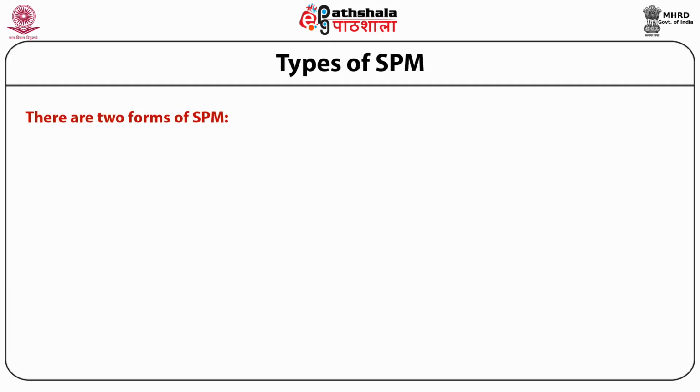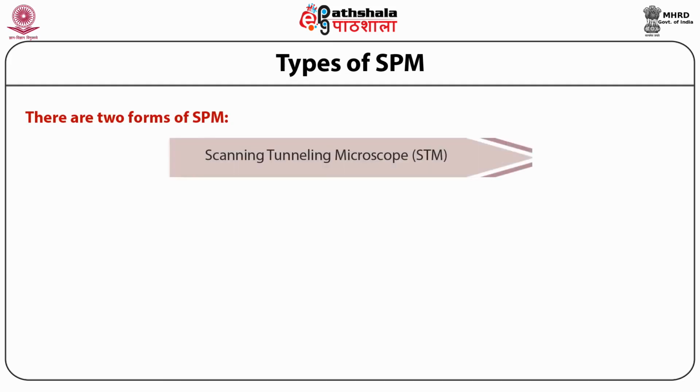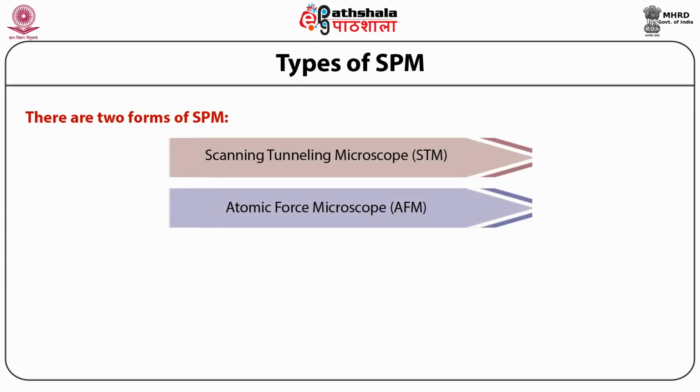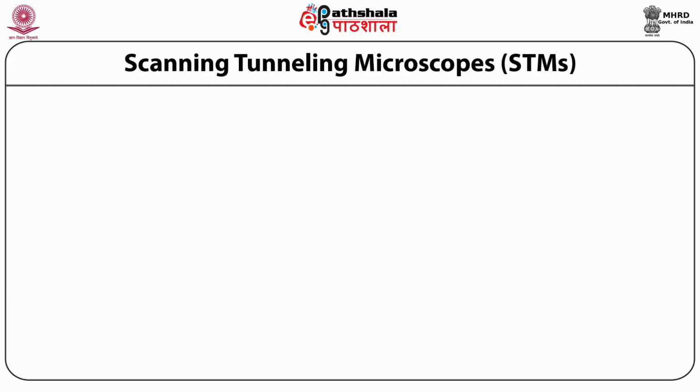There are two forms of SPM. The first one is the scanning tunneling microscope, which is STM, and the second one is the atomic force microscope, which is the AFM. Let us first discuss the scanning tunneling microscopes, that is STMs.